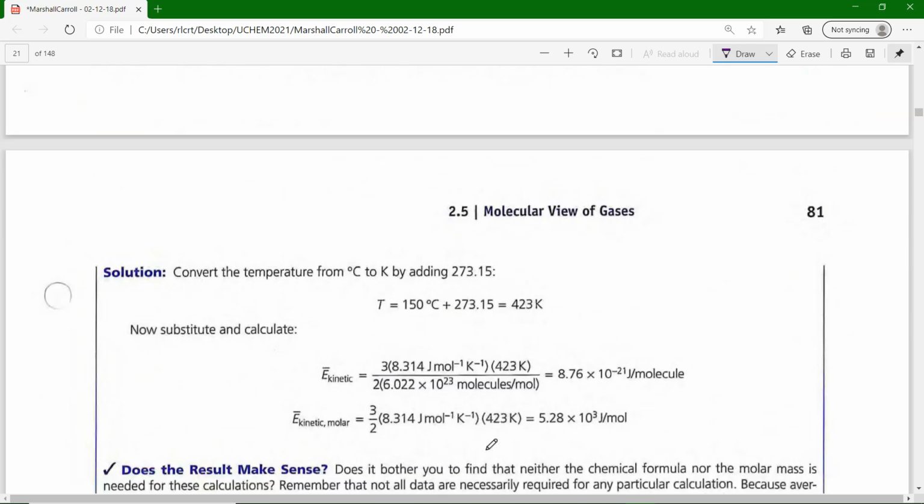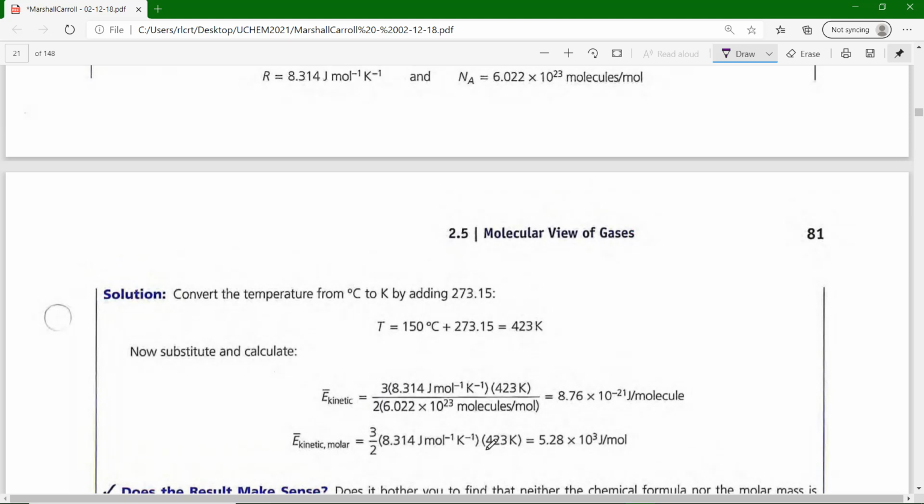So per molecule, your average kinetic energy is, notice I don't even know what molecule it is. All I know is that the average kinetic energy is proportional to temperature. So it's 8.76 times 10 to the minus 21 joules per molecule. If I multiply by Avogadro's number, I get 5.28 times 10 to the 3 joules per mole.